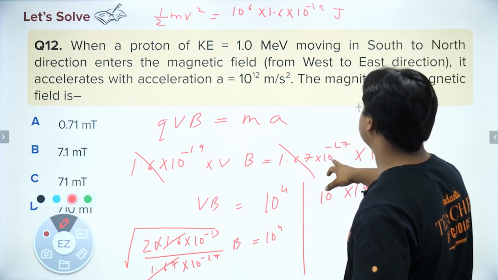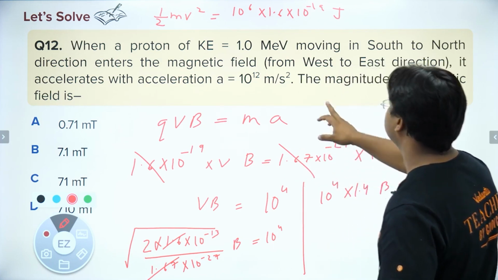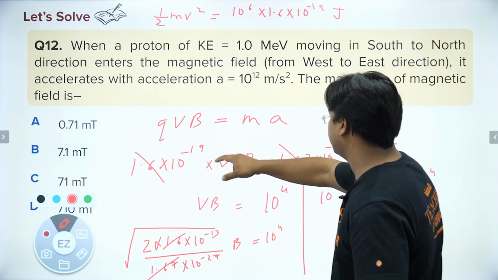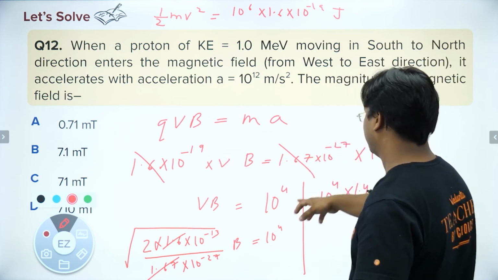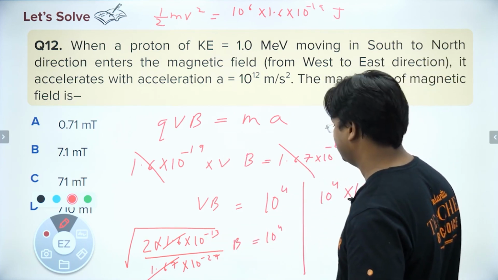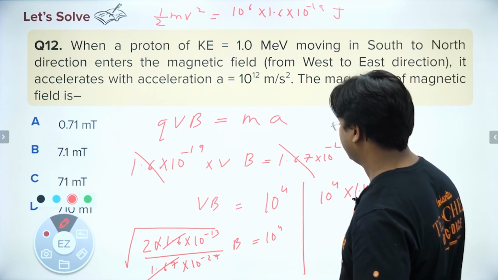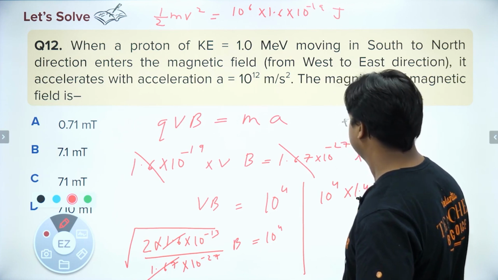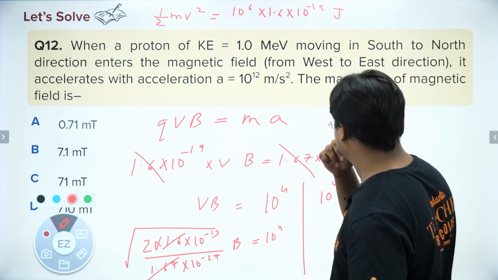This is 10 raised to power minus mass into acceleration, which is given to be 10 raised to power 12. So when I do the calculations, I cancel out this one. So minus 8 it becomes. 4 will be left here, that is fine. 2 into 10 raised to power minus 13. So 10 raised to power 8. What value am I getting?